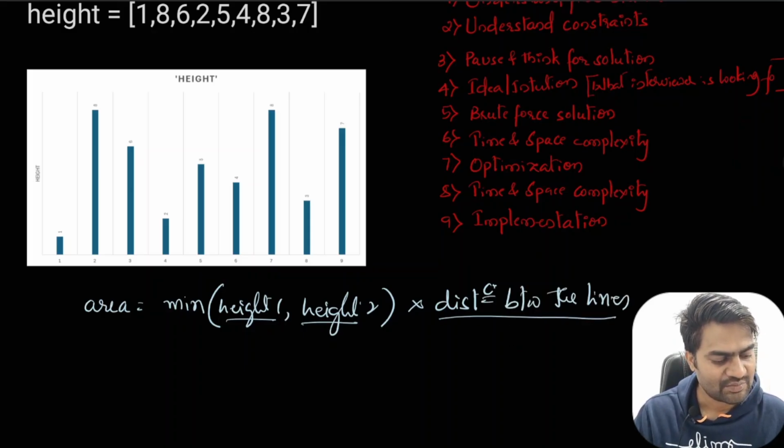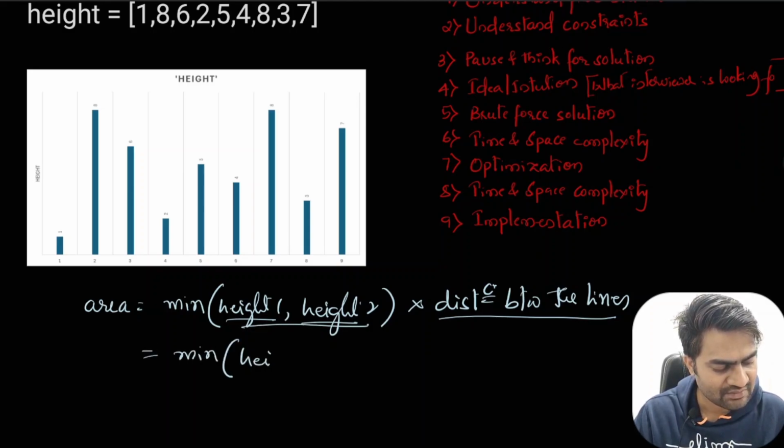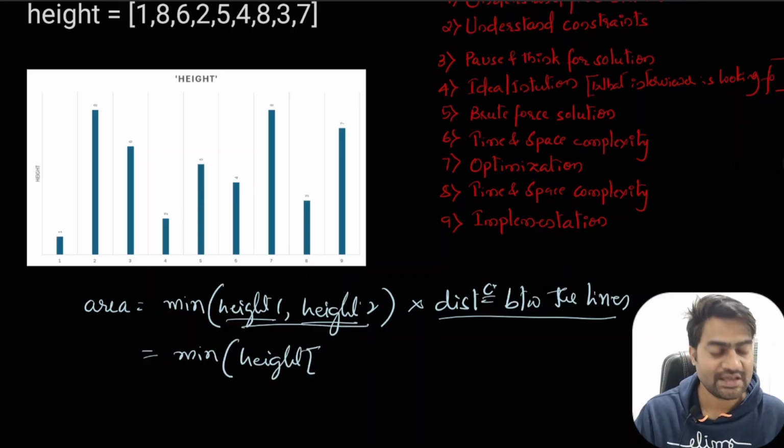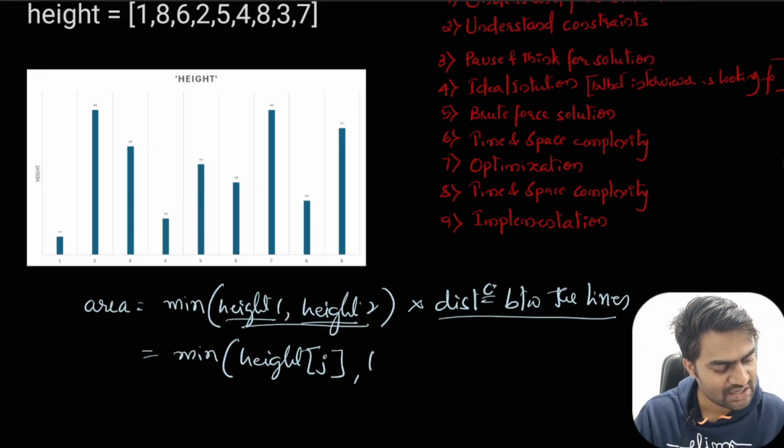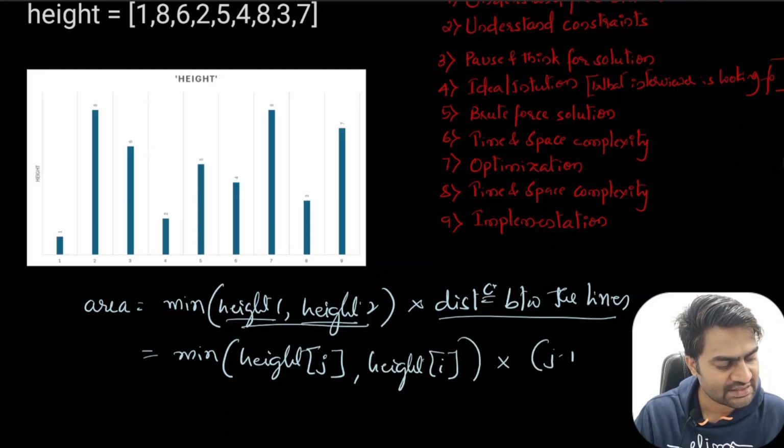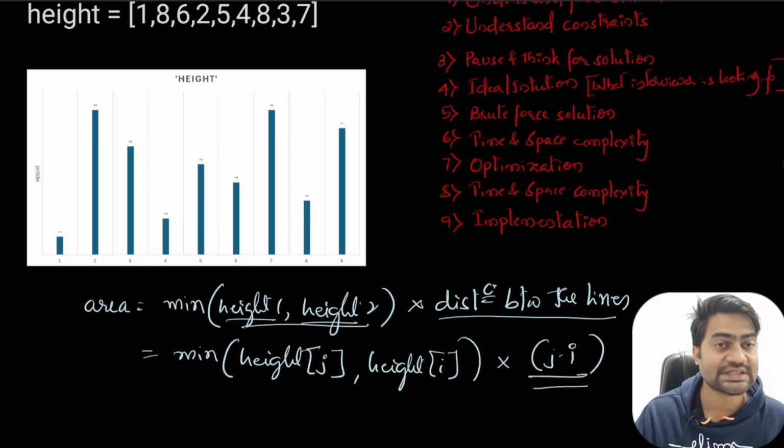We will try to derive this further. So we take the min of height at our second index j, comma height of i, which is our first index, into j minus i. This gives the distance between both the lines, and the min gives the minimum height.